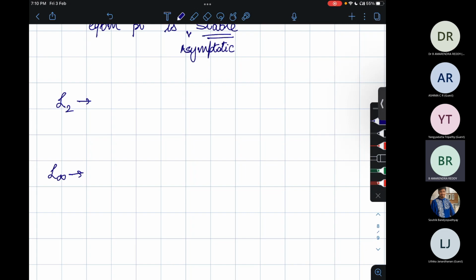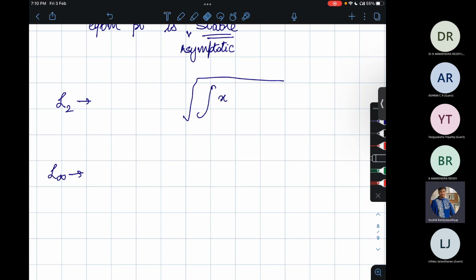Square root of integral of square of a function. Let's say I have this function, some f of t, square of function dt.